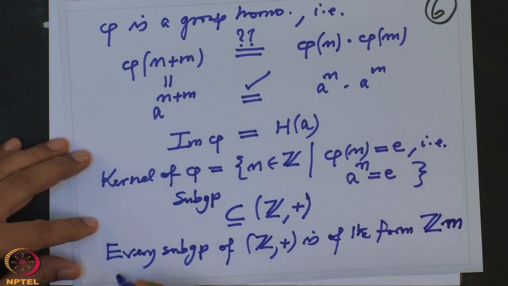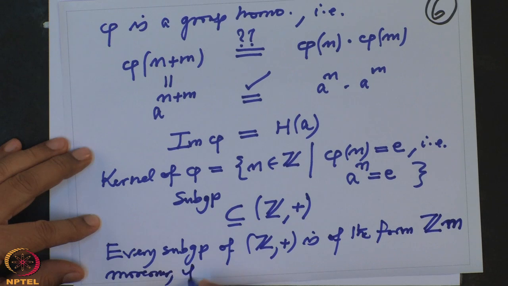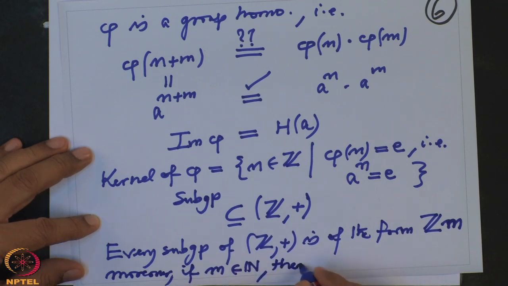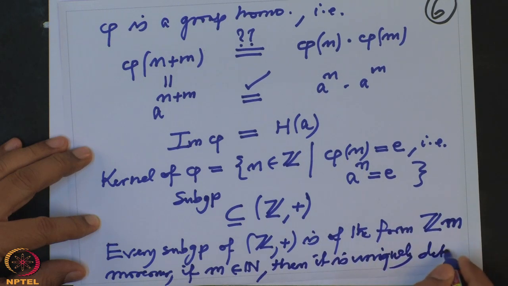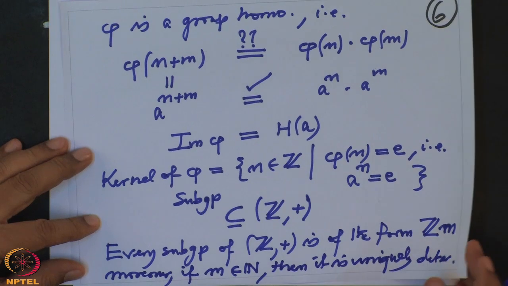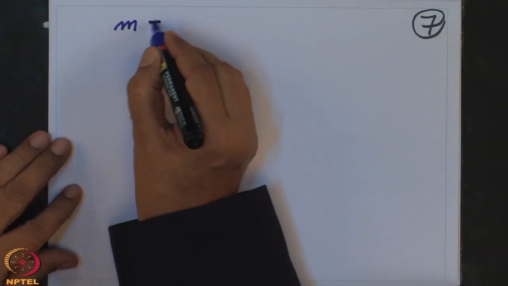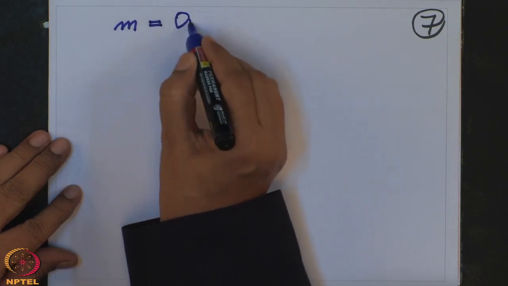Moreover, if m is a natural number, then it is uniquely determined. That is the unique generator, and this unique m is precisely the order of the element A.